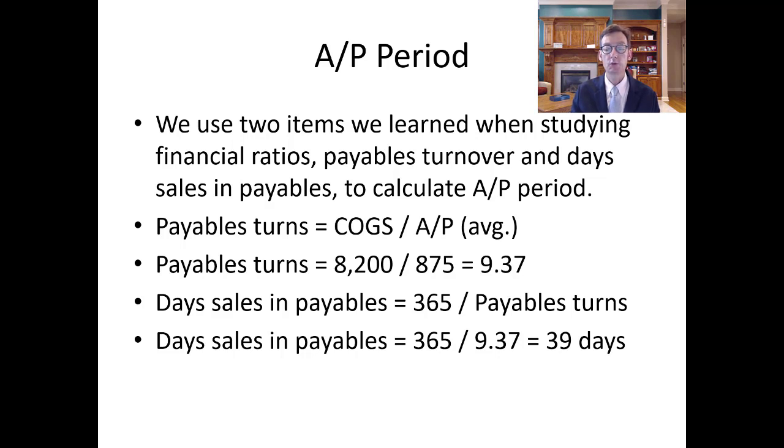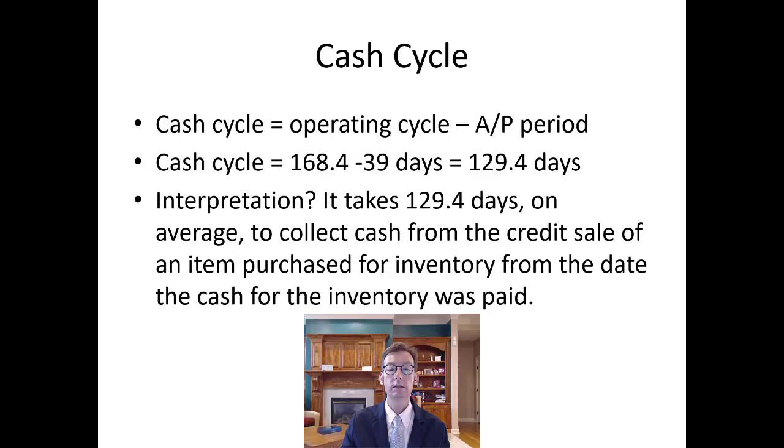That's 9.37 times per year. So what are our days payable? I'm going to take 365 days per year, divide by my payables turns, which are also per year, and come up with 39 days.